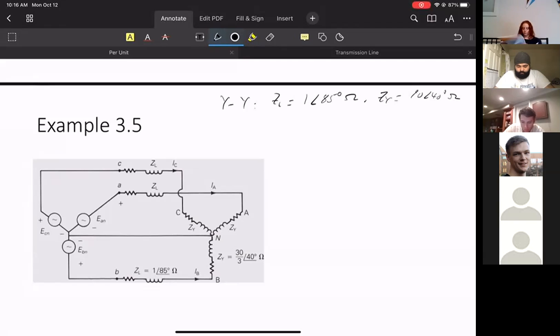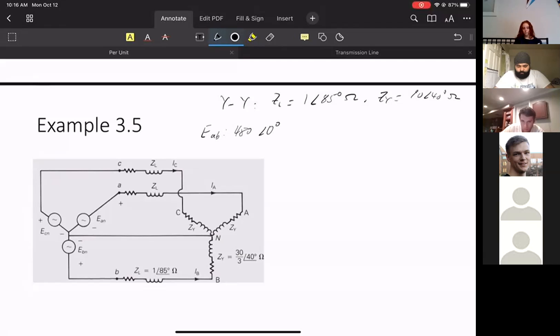Okay, so this is our example. Let's look at the voltages we have. We have an input voltage, face to face, of 480 angle 0. So we'll apply face to face 480 angle 0.